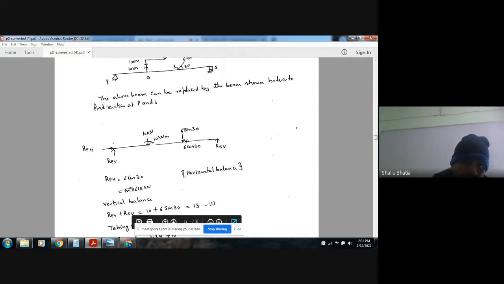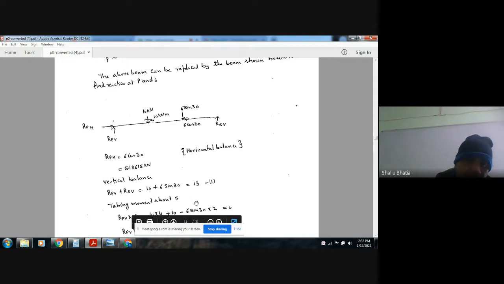So 6 cos 30 is 5.19615 kilonewton, so this is RPH. Now from the vertical balance, RPV plus RSV should be equal to 10 plus 6 sin 30.